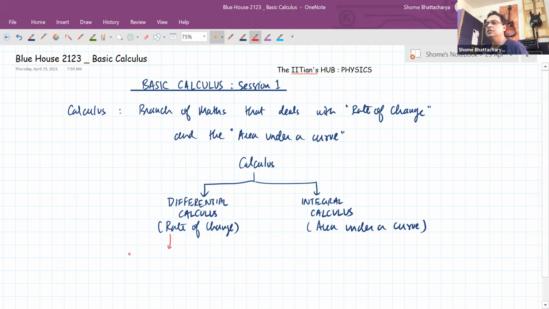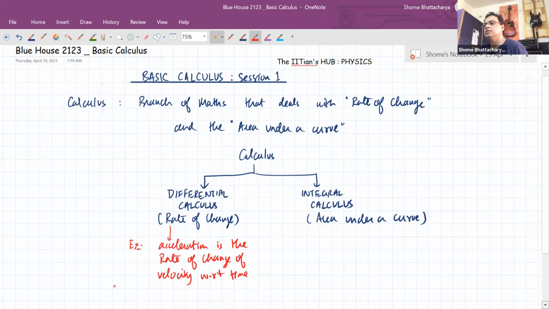For example, in physics, we say that acceleration is the rate of change of velocity with respect to time. Okay.